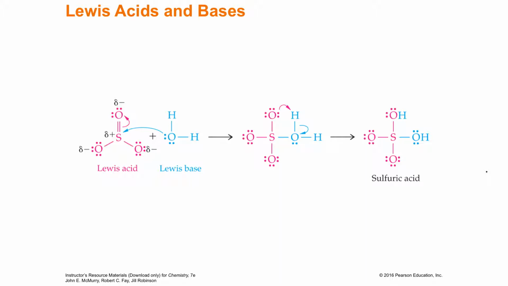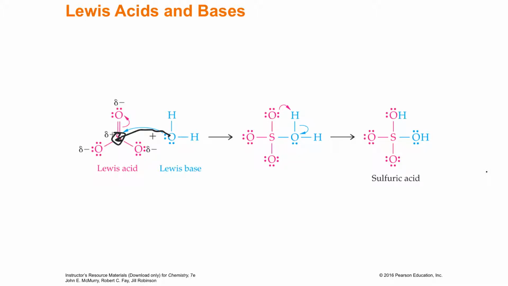So if you're thinking of grabbing an electron pair, especially if you have something like a sulfur, this sulfur, remember, doesn't have a full octet, or if it does, it can get more than a full octet. So it has an octet here, but since it has more room, this water could attack it.